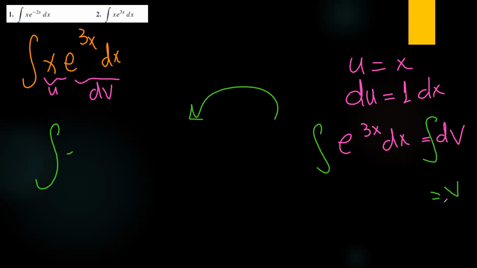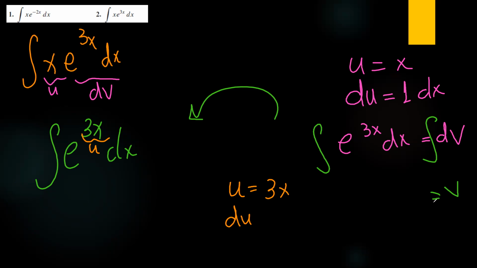The integration of e to the power 3x dx. First, we assume that u is 3x, so du will be 3 dx, and then du over 3 will be dx.